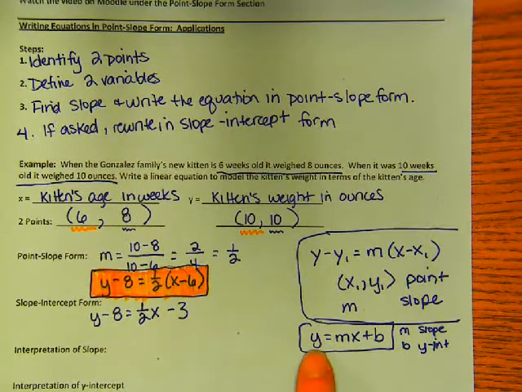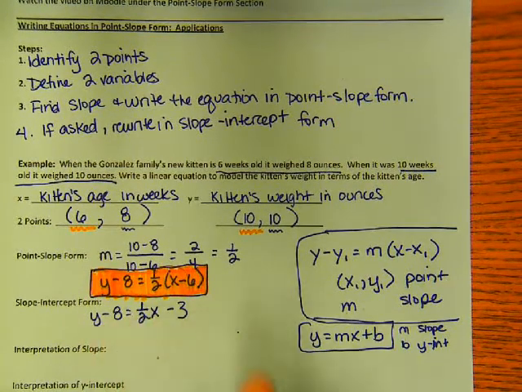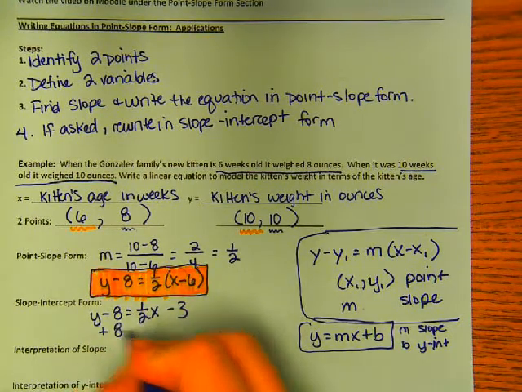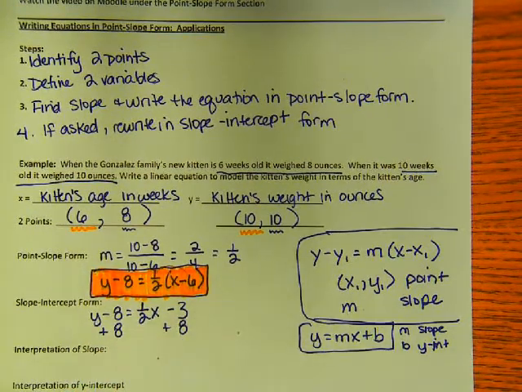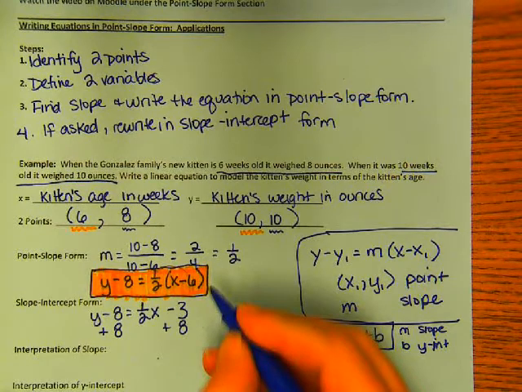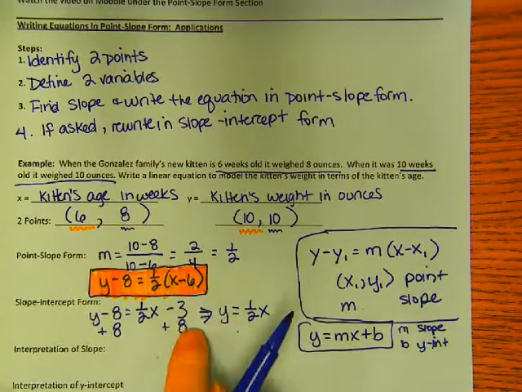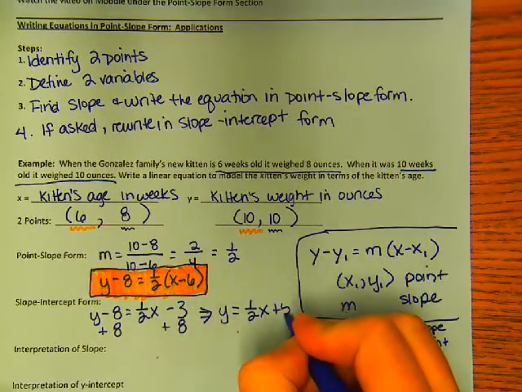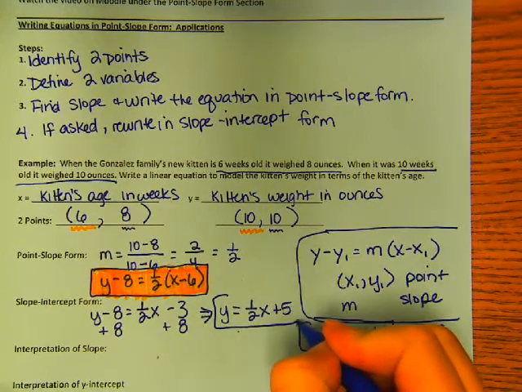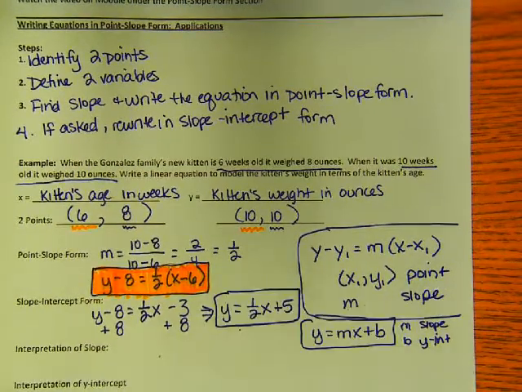And to get y alone, I would simply add this 8 to both sides. What this gives me then, for my slope-intercept form, is y equals 1/2 x, and negative 3 plus 8 would be plus 5. And so I'm going to box that answer. That would be my equation in slope-intercept form.